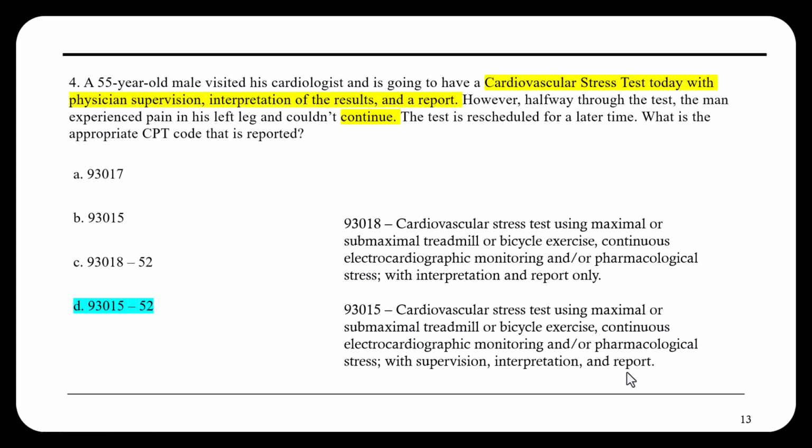That fits our keywords a lot better than this 93018. So it is 93015. And remember that if for any reason somebody can't continue something, it's a discontinued service. You can't give full credit or full reimbursement for something that wasn't finished.